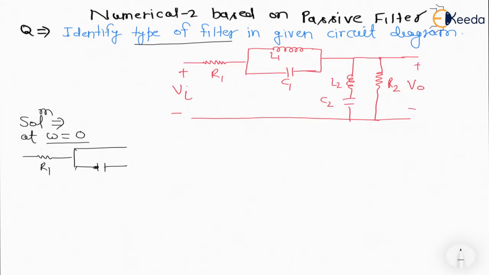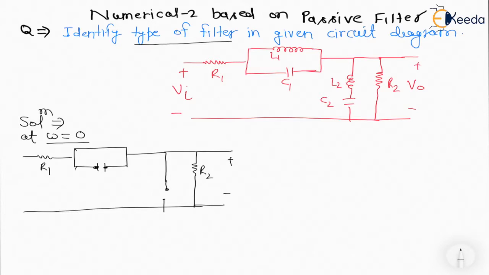So this is open basically. This is short circuit, the capacitor will be open here. And this is resistor R2. This is V0, this is plus minus Vi.